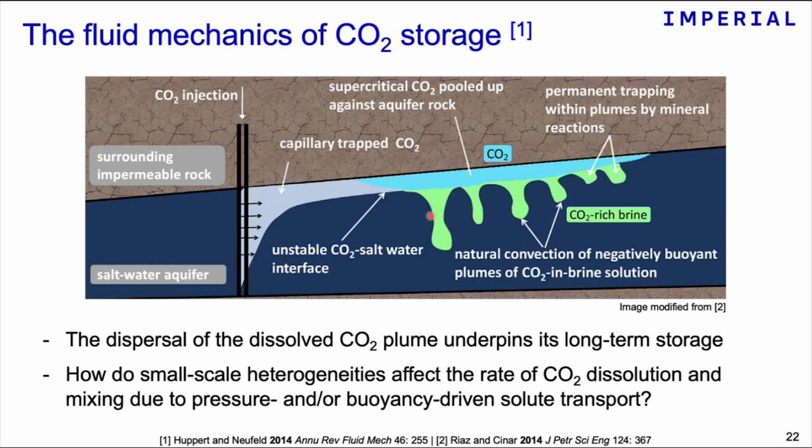And the question is also how these heterogeneities potentially affect the rate of CO₂ dissolving in the brine and eventually also the rate of the CO₂-rich brine dissipating into the reservoir, which is the final mechanism that will enable you to store CO₂ in your reservoir.